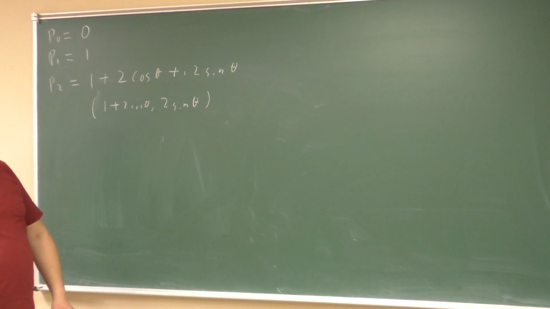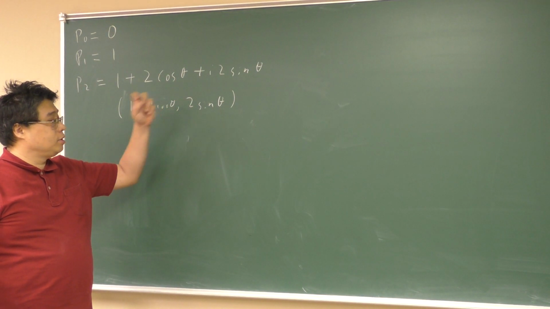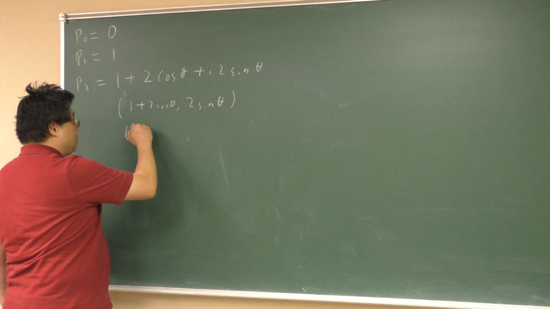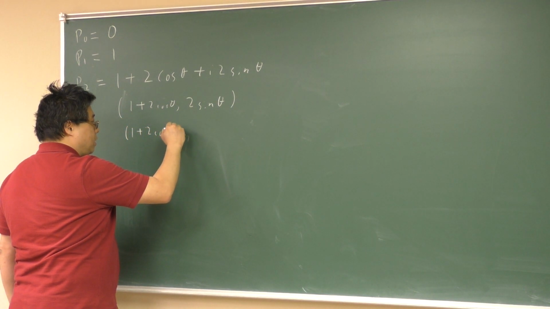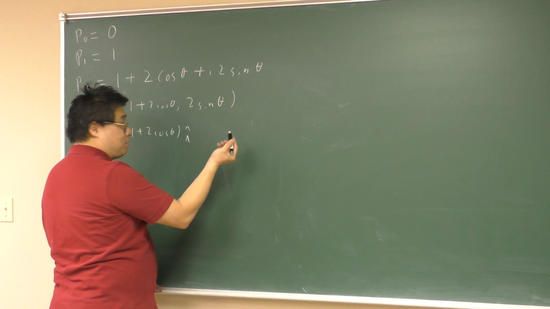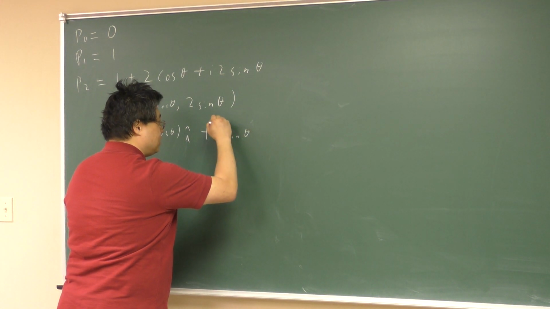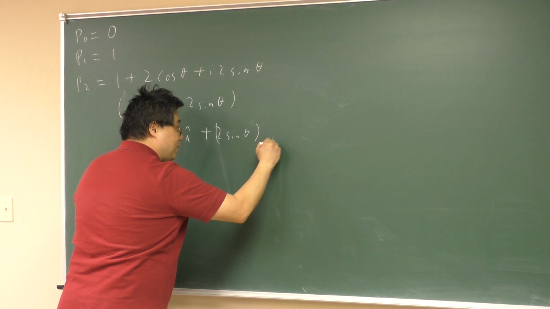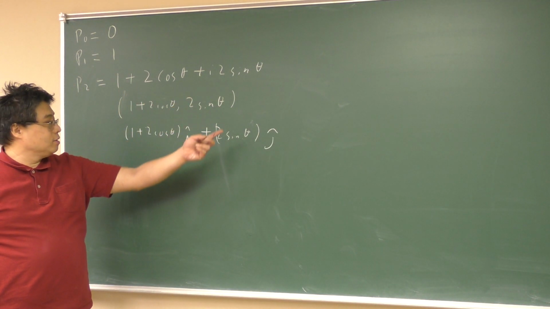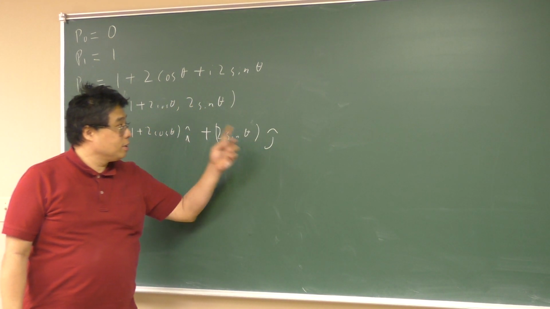And in the complex plane, instead of writing this parenthesis and the comma and 2 numbers, or even with vectors, where you'd write 1 plus 2 cosine theta i hat, or x hat, whatever you like, plus 2 times sine theta j hat, or y hat, you write it like this. So in a way, this i is replacing a lot of things here.